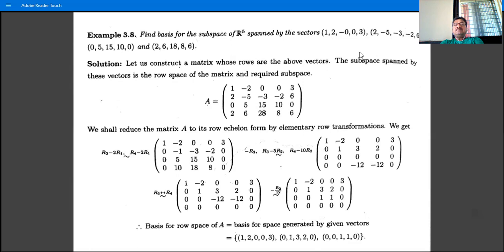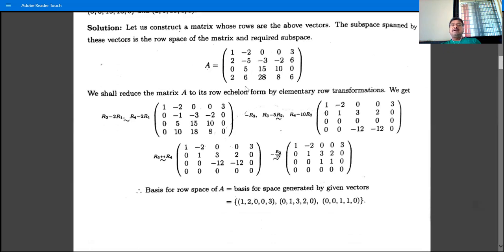You have to find the basis for the row space of the matrix. What is that matrix? Form the matrix A with these vectors as its rows. Then we have to find the basis for the row space of A. So in order to find it, we have to reduce this matrix to echelon form.